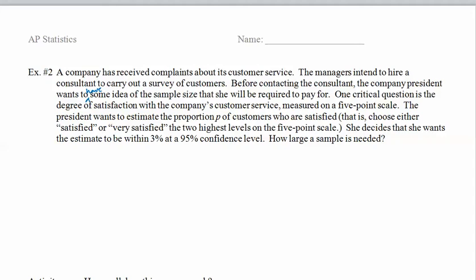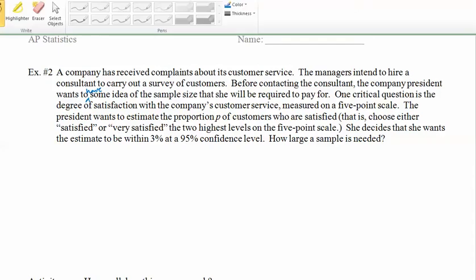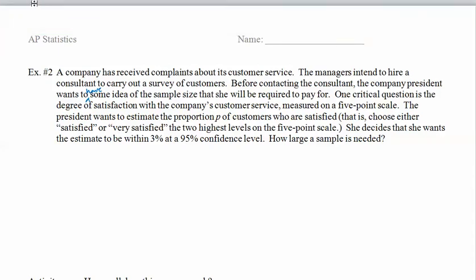One critical question is the degree of satisfaction with the company's customer service measured on a 5-point scale. The president wants to estimate the proportion p of customers who are satisfied, that is, to choose either satisfied or very satisfied, the two highest levels on the 5-point scale. She decides that she wants the estimate to be within 3% at a 95% confidence level. How large a sample is needed? Okay, so let's just highlight some of the key points here.